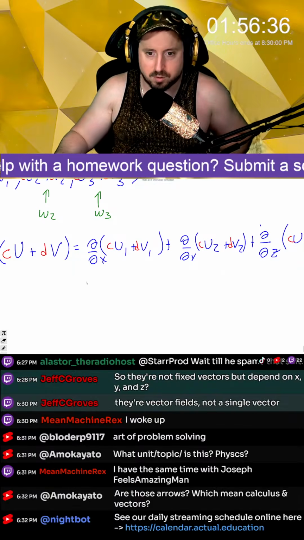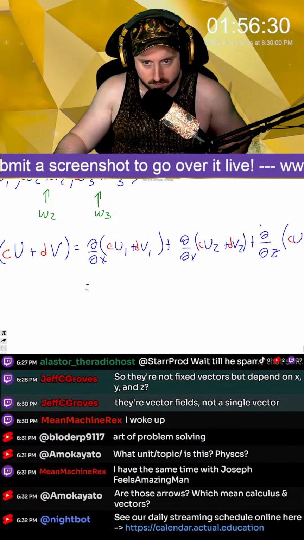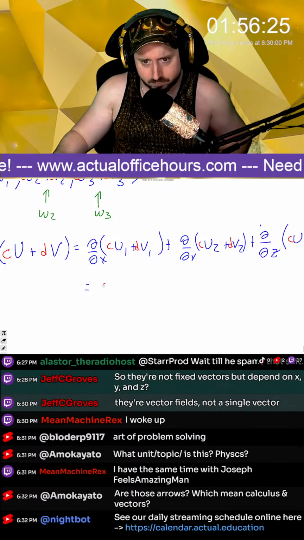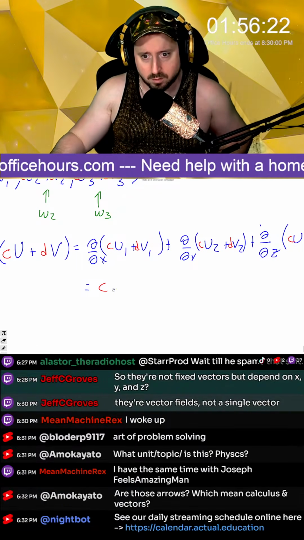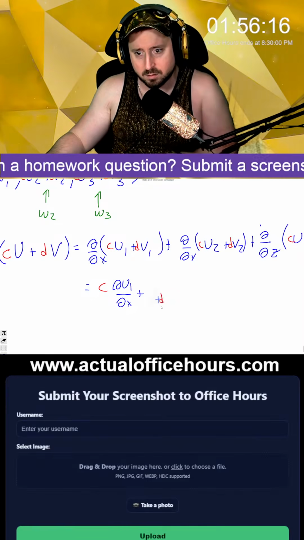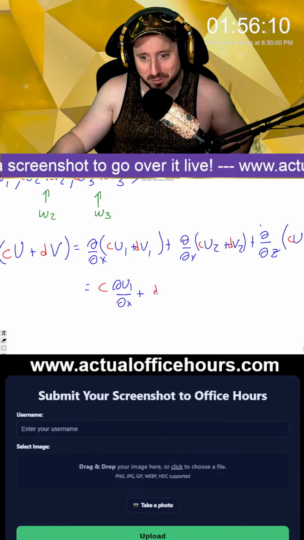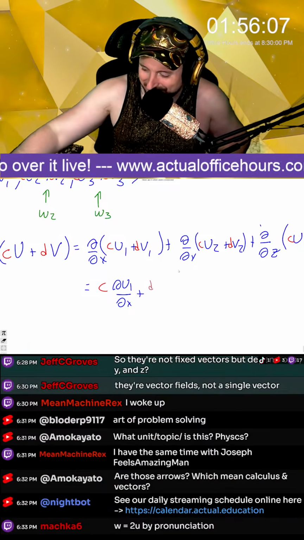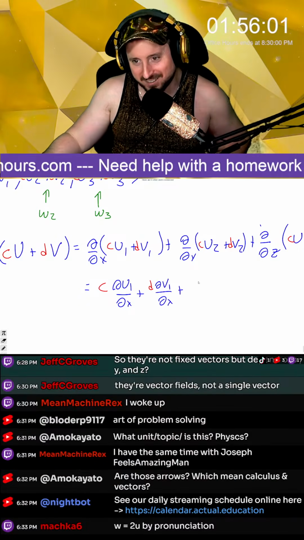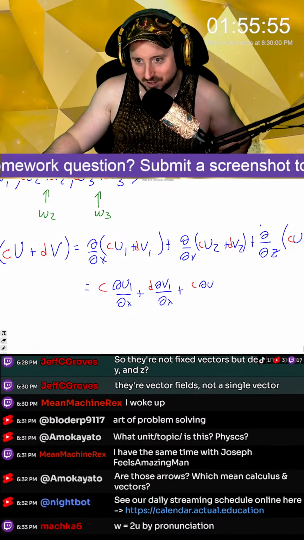So this is the same as, let's say, c, and this is a constant, and whenever you have constants with derivatives, you can always pull the constants out in front. So this is going to be c du1/dx plus d dv1/dx plus, oh man, this is so annoying, but okay, fine. It's a lot of annoying writing.